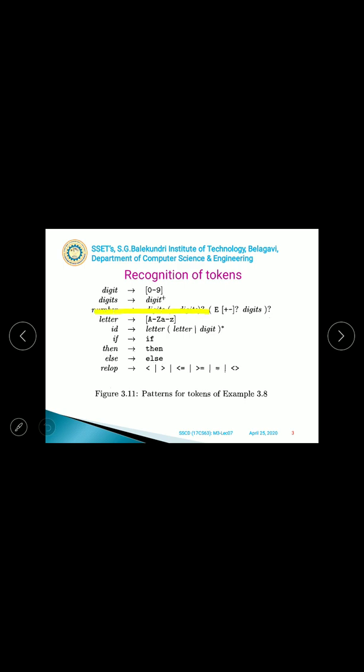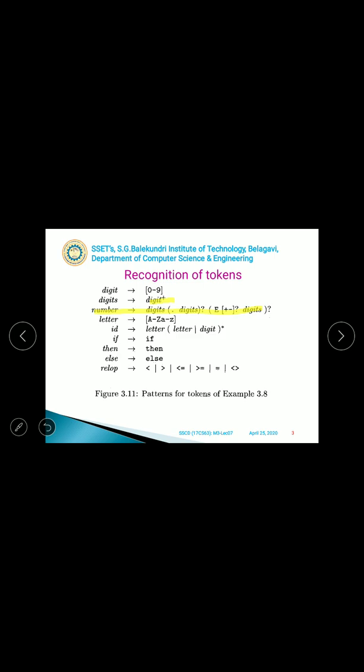So now in this case you can see this number. This number is going to be recognized by using a regular definition digit with 0 to 9, and then the same definition is used here, that is digits, that is digit plus, one or more digits. Now you can observe it in the number pattern.